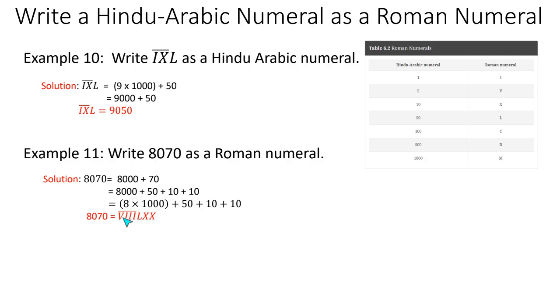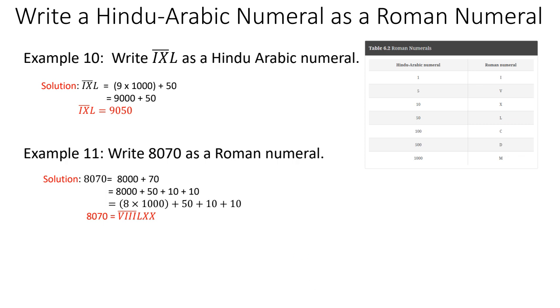And so 8 can be written as VIII. I'm going to put a bar on top of that so that we know that we're multiplying by 1,000. And then 50 is L and 10 is X. So our answer here is going to be VIII with the bar on top, LXX.